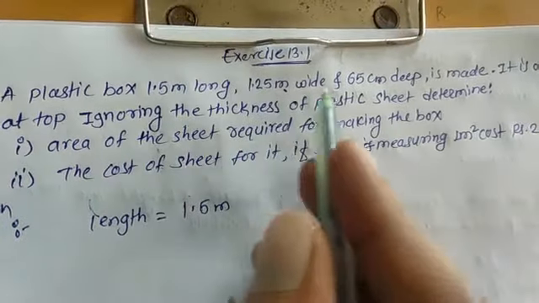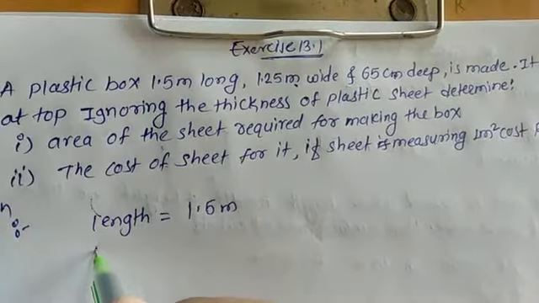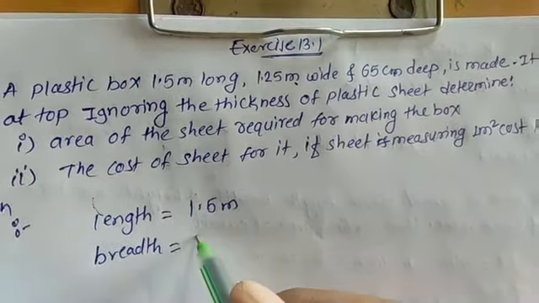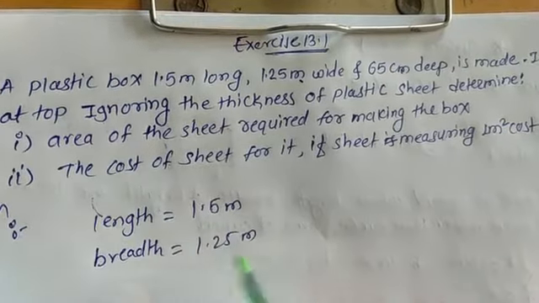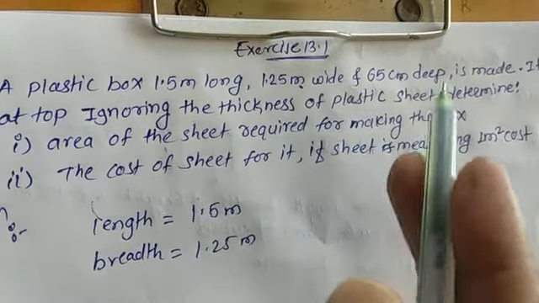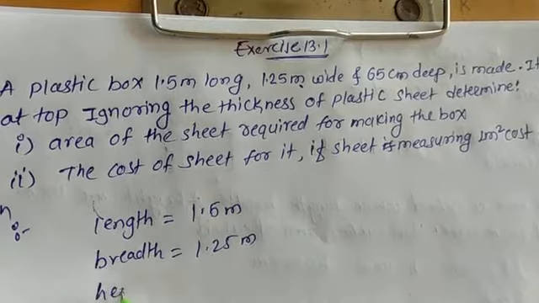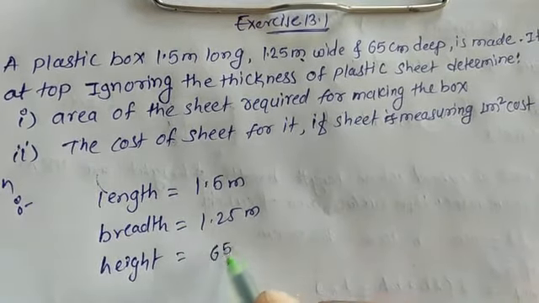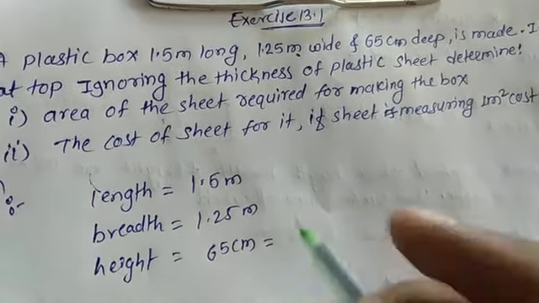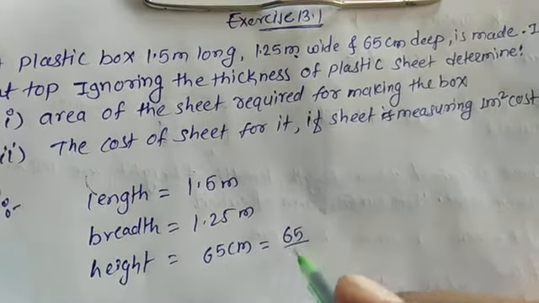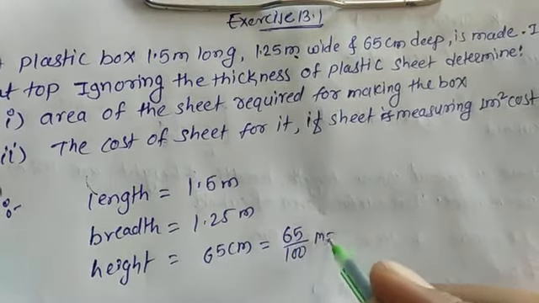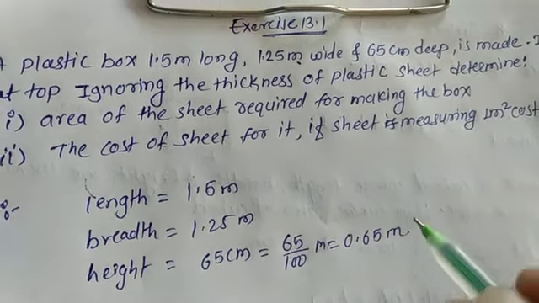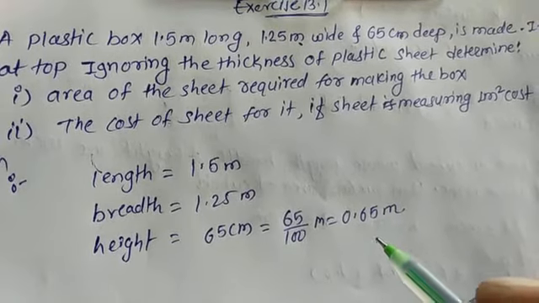Wide means breadth of box, which is 1.25 meter, and its height, deep, h, is 65 centimeter, which means 65 upon 100 meter, which is equal to 0.65 meter. This is the height of the box.